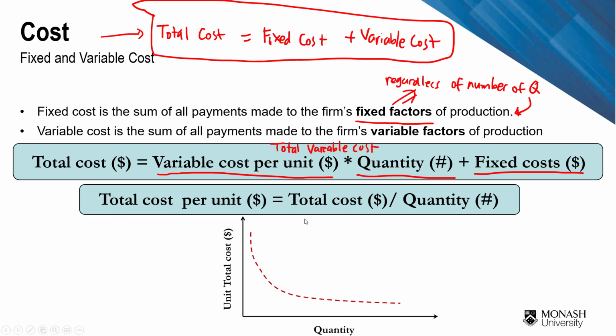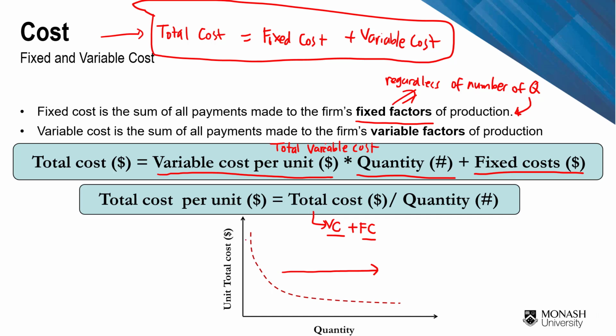Total cost per unit is going to be the total cost, which includes fixed cost and variable cost. So I'm just going to put VC plus FC, variable cost plus fixed cost, divided by quantity. So fairly straightforward. What this shows you is that as you produce more quantity, your cost per unit is reduced, because not only does more quantity cover the variable cost, but it also covers some of the fixed costs.